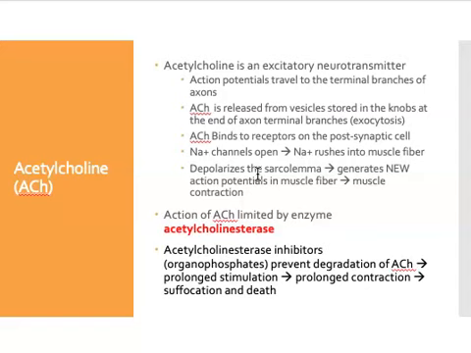So the acetylcholine gets released into the neuromuscular junction, and it binds and has its actions, but it's not allowed to act for very long. It gets broken down by acetylcholine esterase. And that way, muscle contraction doesn't go out of control. If muscle contraction went out of control, the individual would be in trouble.